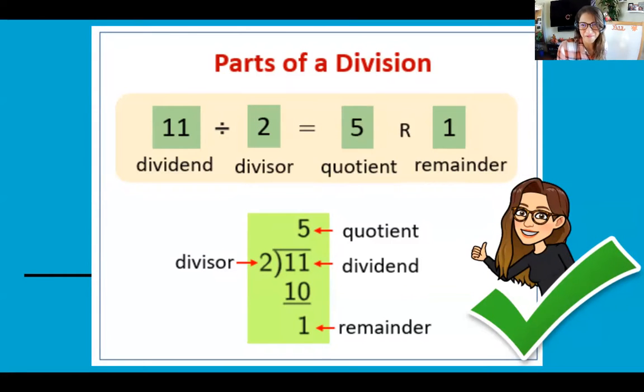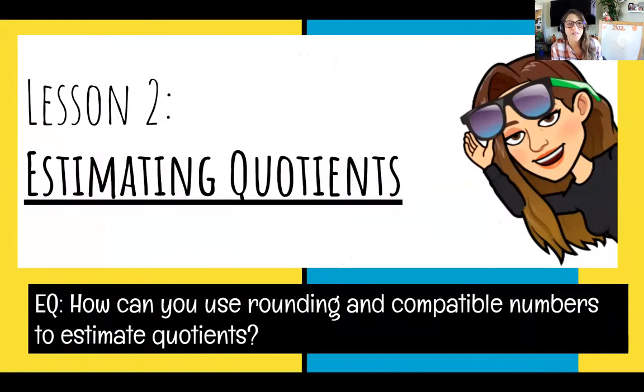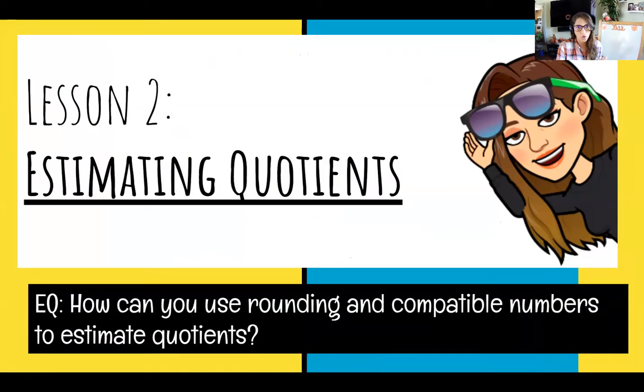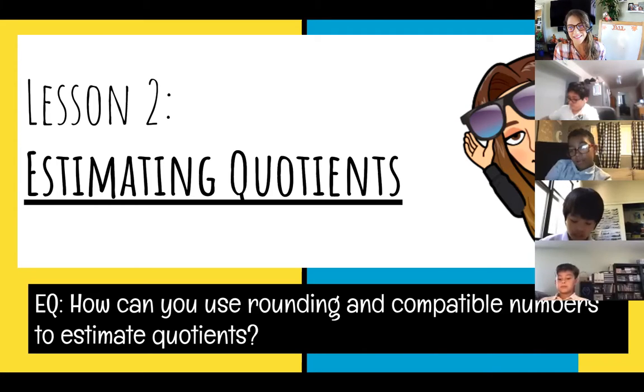Okay, we're ready to move on. All right, so that brings us to our new lesson, estimating quotients. And does this look familiar to you guys? Estimating? Yeah. It should. If you read our essential question of the day, you will see some very familiar terms that we use with multiplication. I think I know how to do this. Oh, who's confident that they already kind of know how this is going to go?